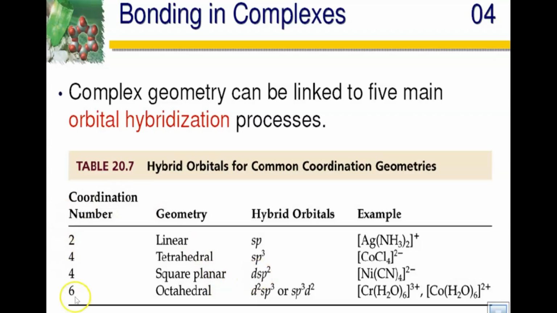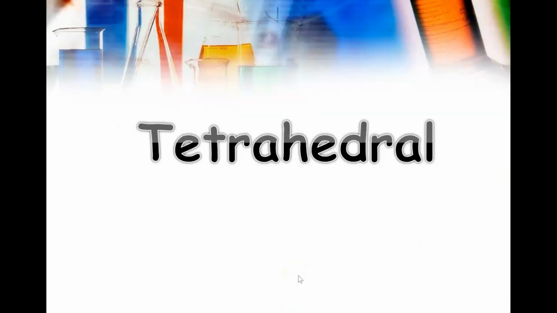For the coordination number of 6, we have one geometry, octahedral, but two hybrid orbitals, d2sp3 or sp3d2.